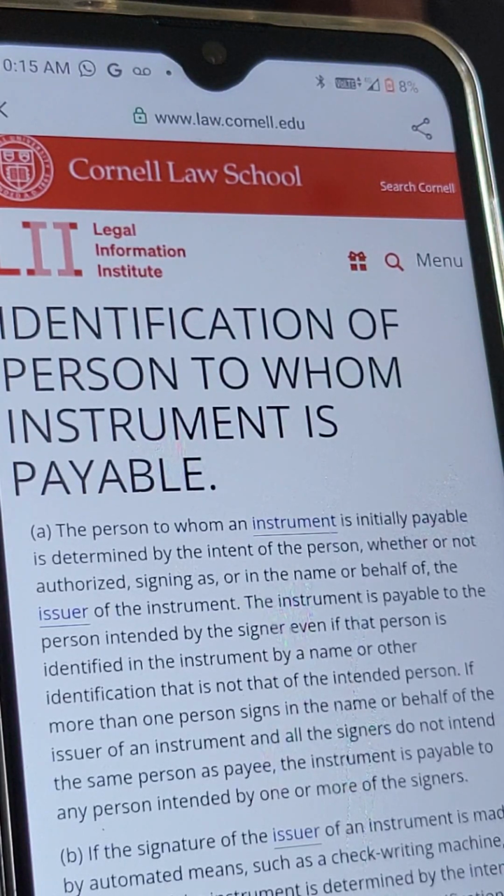If more than one person signs in the name or behalf of the issuer of an instrument, and all the signers do not intend the same person as payee, the instrument is payable to any person intended by one or more of the signers.